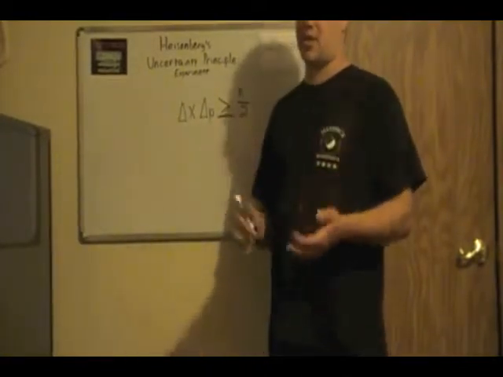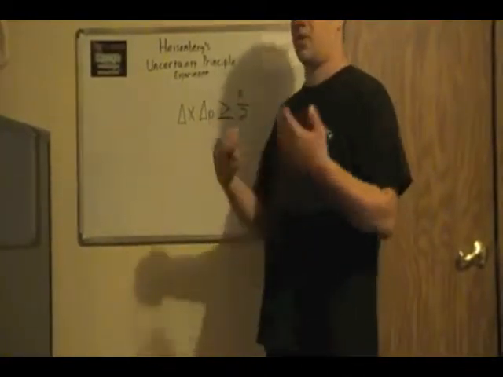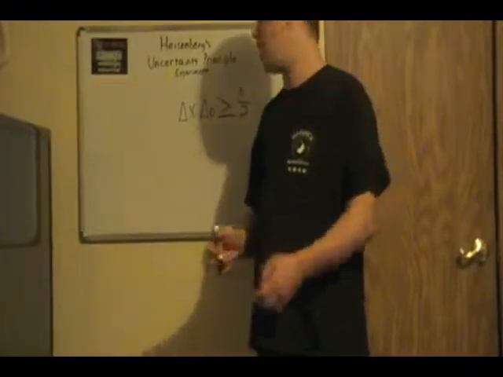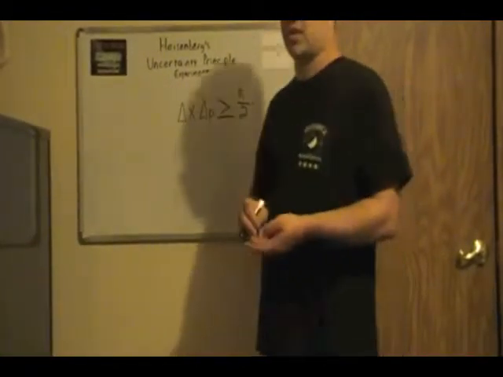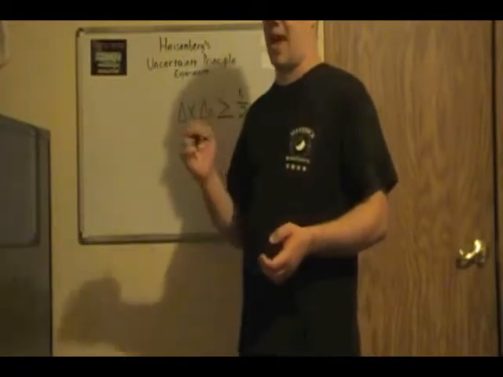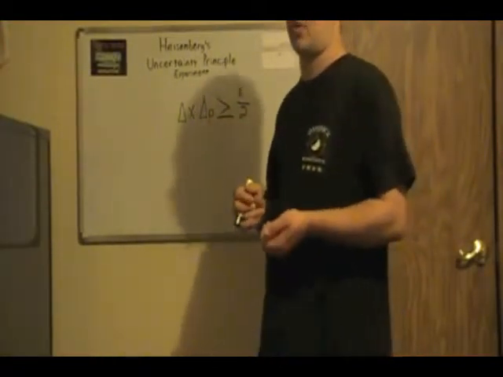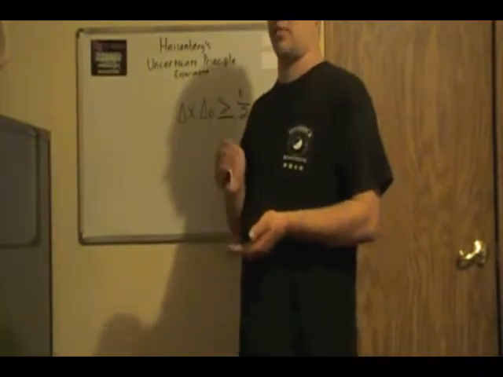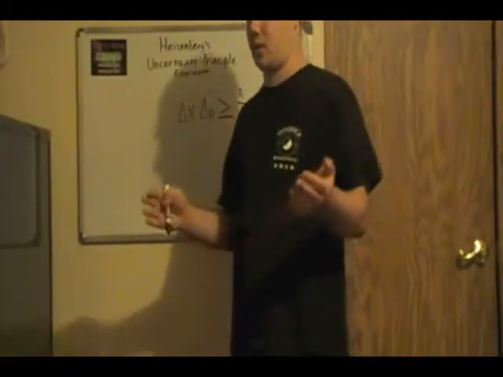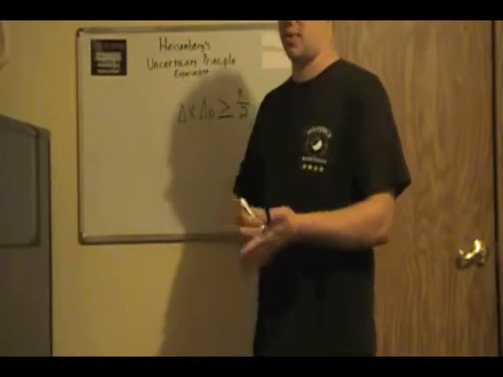Basically, in layman's terms, position is where you are. Momentum is a product of your velocity and mass. Momentum is basically where are you going and how determined are you to get there, more or less, if you want to put this in simple terms.